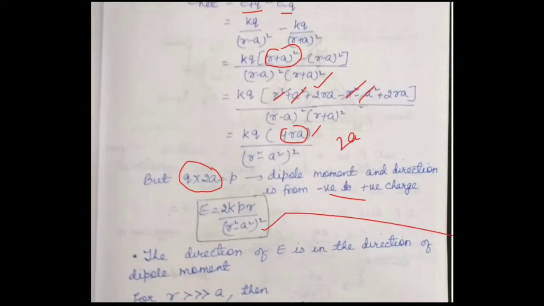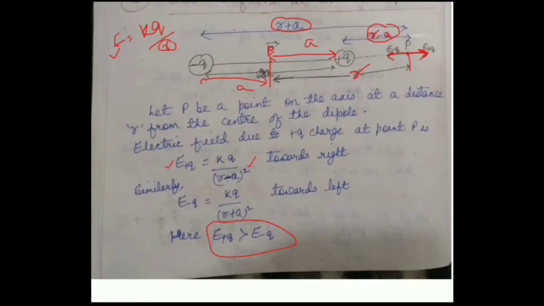This is the expression for the electric field intensity. And what is the direction of the net electric field? The electric field due to the positive charge is greater than that due to the negative charge, so the resultant is also in the direction of this plus q charge. So the net electric field is also in this direction. And this is the direction of what? Electric dipole moment, right?